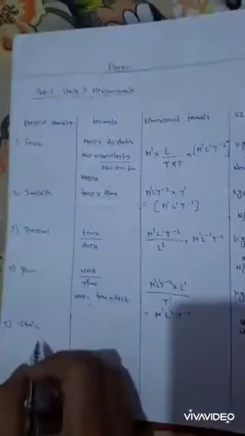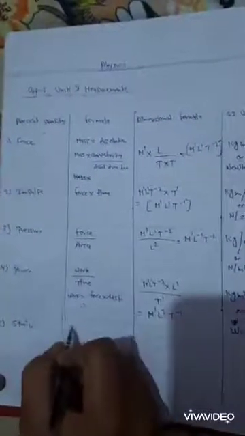Now let's take one more example, that is strain. So this one is an interesting one. The formula of strain is change in dimension upon original dimension.